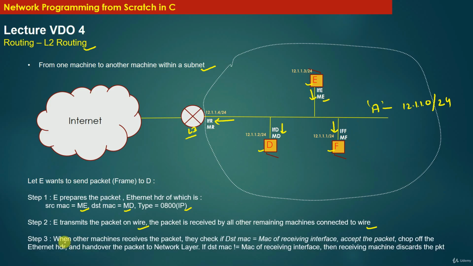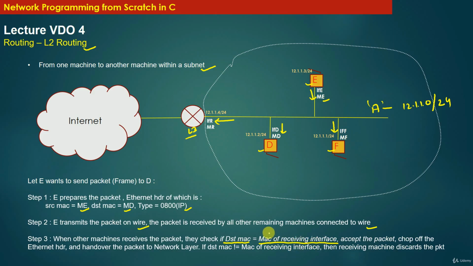Now in step 3, when the other machines, that is machine D, machine F, as well as the L3 router, receive the packet, what happens? The very first thing that each machine does is check whether the destination MAC address present in the Ethernet header of the packet is equal to the MAC address of the receiving interface.